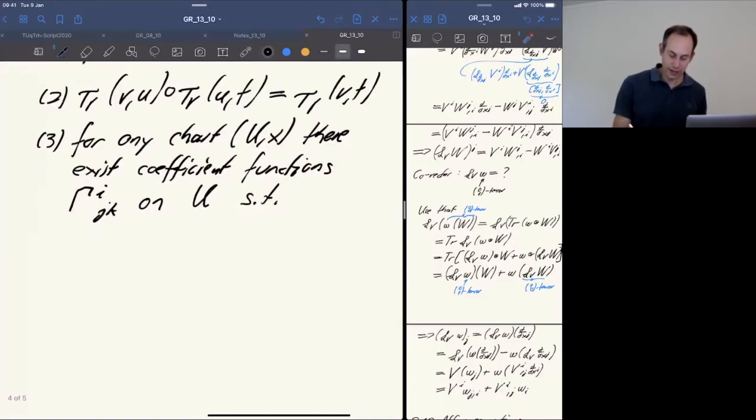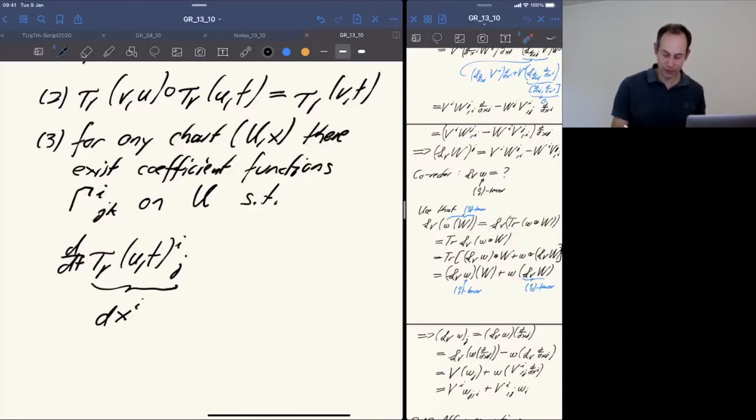Let me first just write down the mathematical expression and then tell you why it should be true. We look at the derivative of this map, of this arrow map, in components. By components I mean the usual thing: to extract the i-th component, I have to apply the covector dx^i at the point where the map maps to, that's the final destination, gamma(u). And then this is the map, tau from gamma(u) to gamma(t).